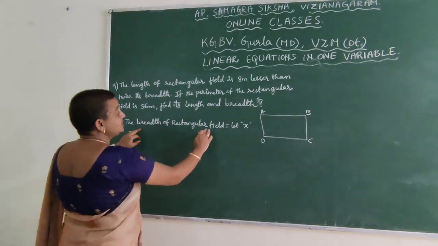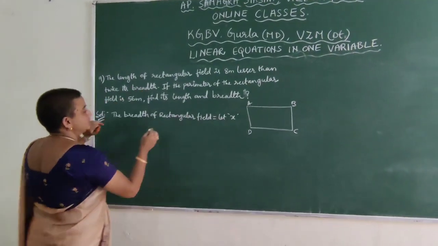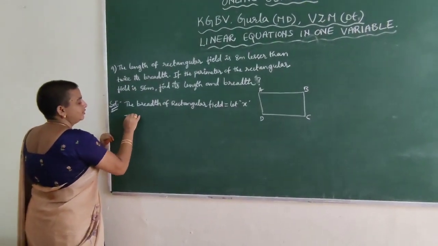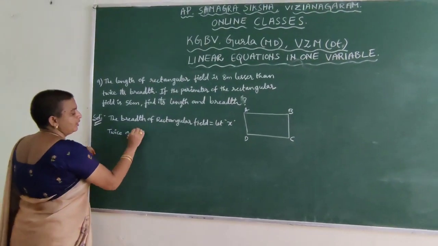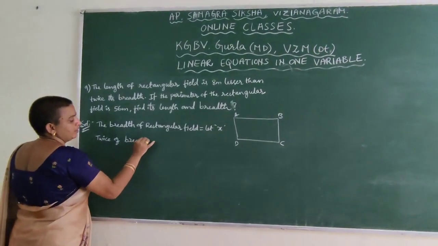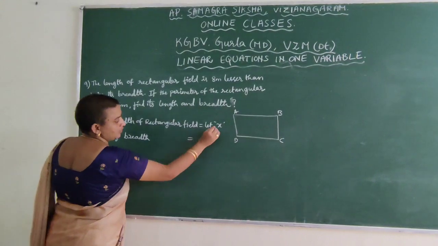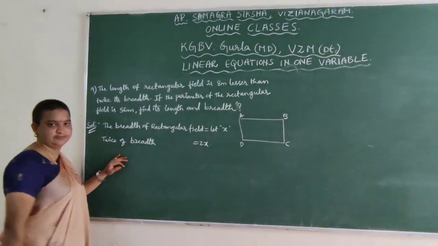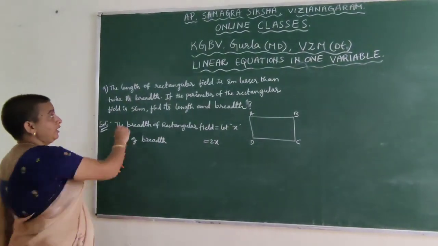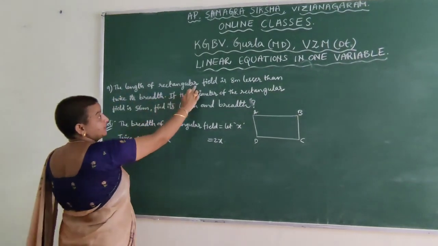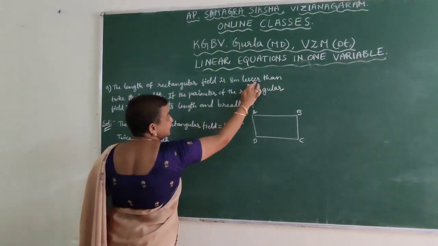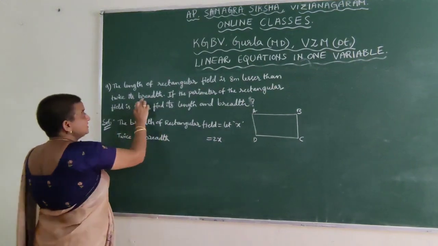Now, twice of its breadth is equal to 2x. Again, we have to read. The length of the rectangular field is 8 meters lesser than twice its breadth.